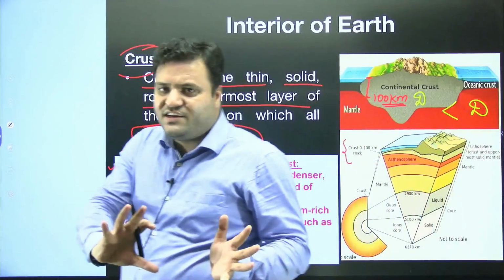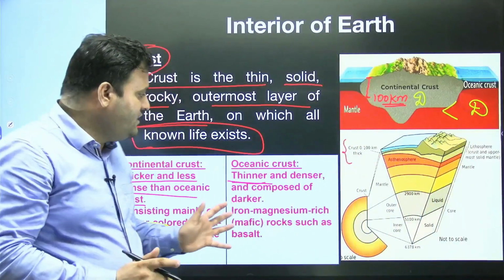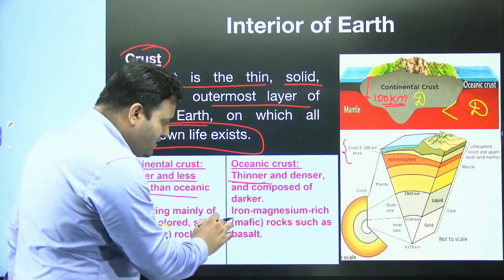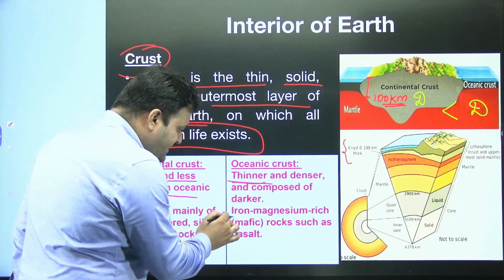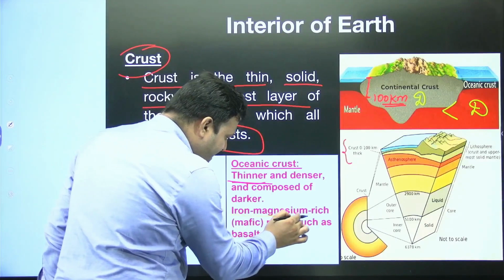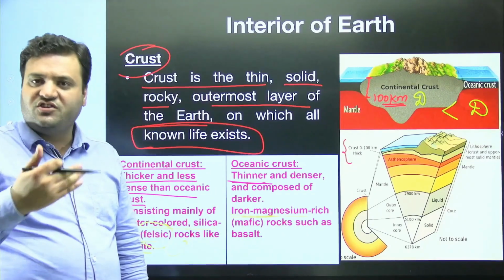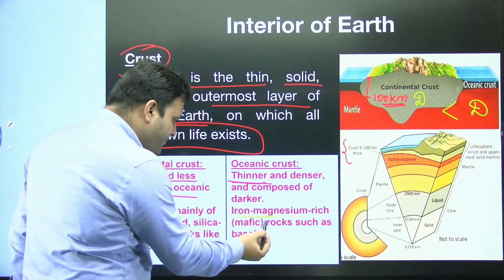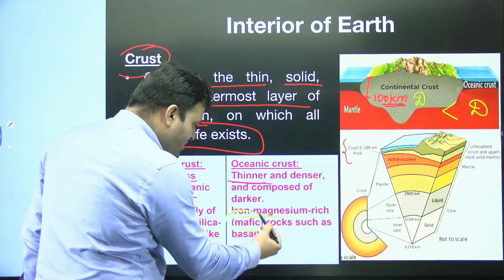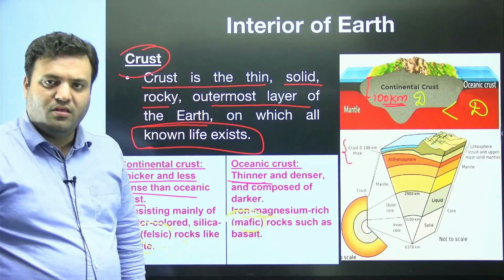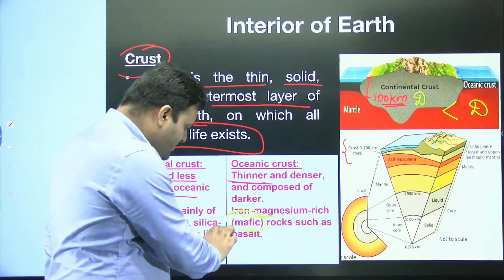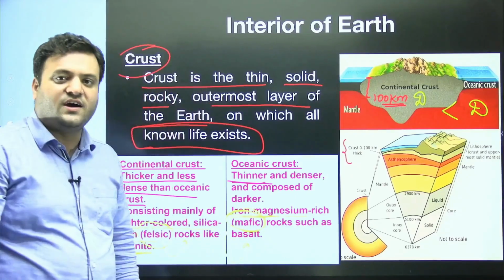Whereas contrastingly, oceanic crust is comprised of what? It is comprised of iron and magnesium rich rocks, which are basically known as mafic. And these mafic rocks are called basalt.